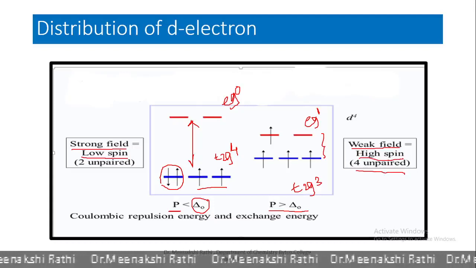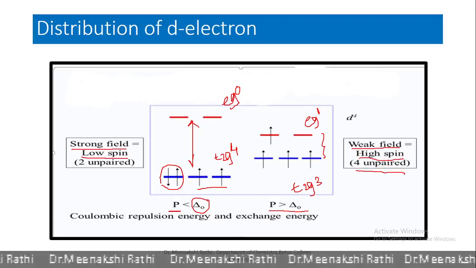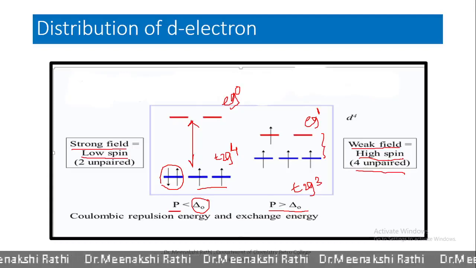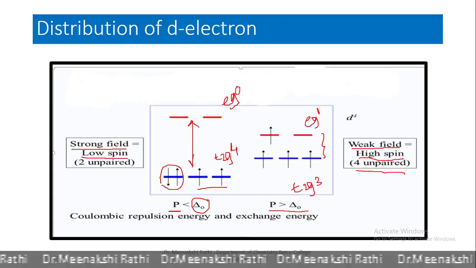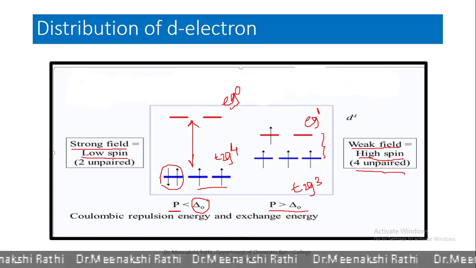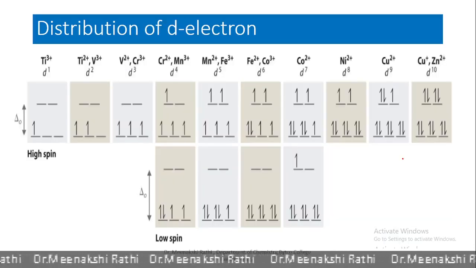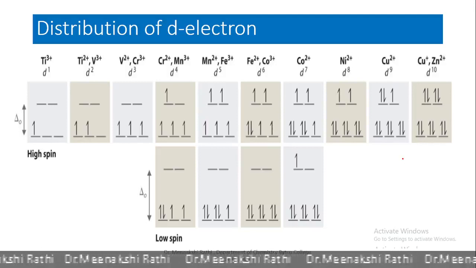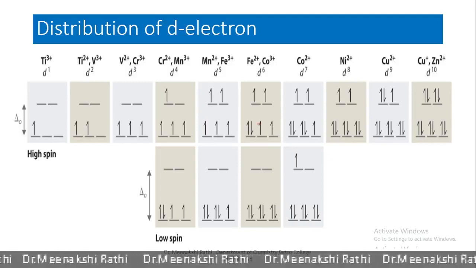So in this way, distribution of electrons totally depends upon whether it is strong field ligand or weak field ligand. Now, the similar explanation for the distribution of d orbital is very well explained in this diagram.